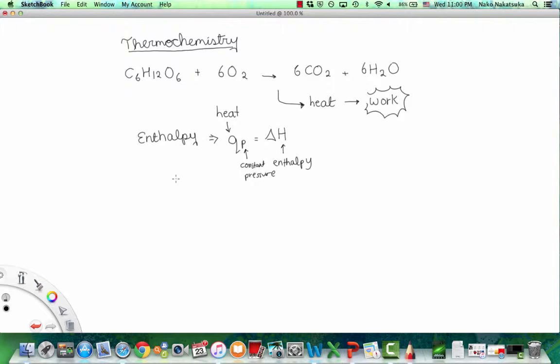thermochemistry. Okay, and also if a reaction gives a net release of heat, the reaction is called exothermic. So exothermic is when a reaction releases heat. What this means is that it has a negative delta H or enthalpy value. This also means that when you have an exothermic reaction, since the reaction releases heat, the surroundings get warmer.